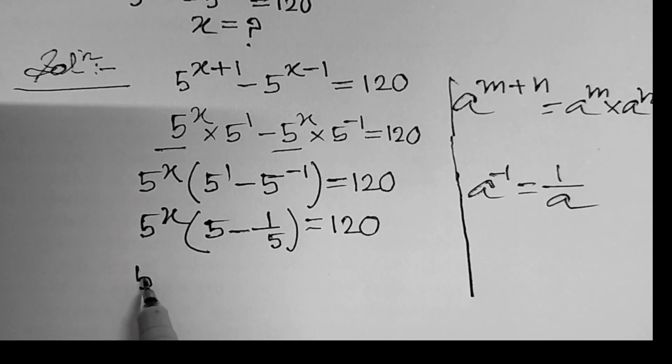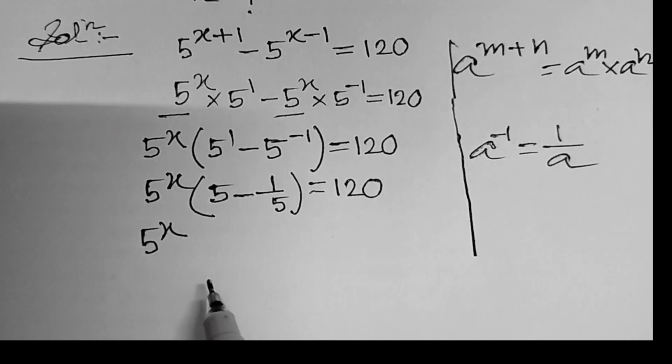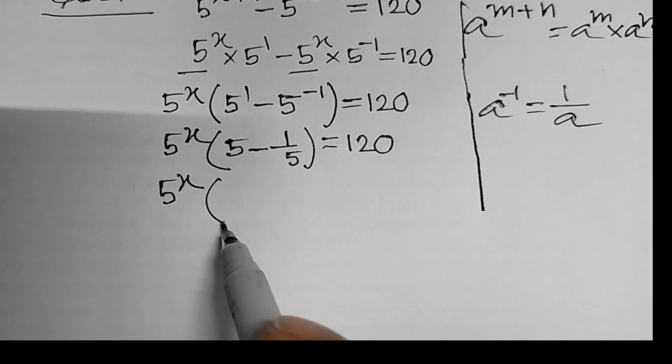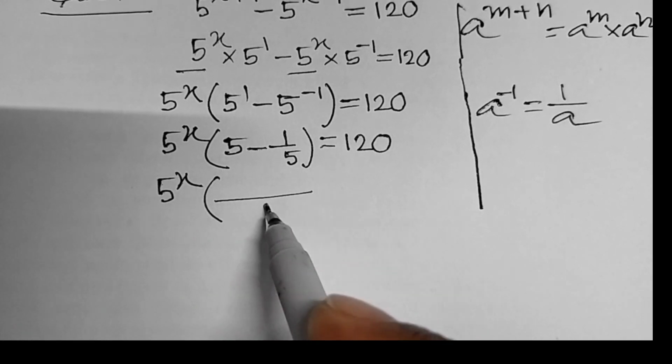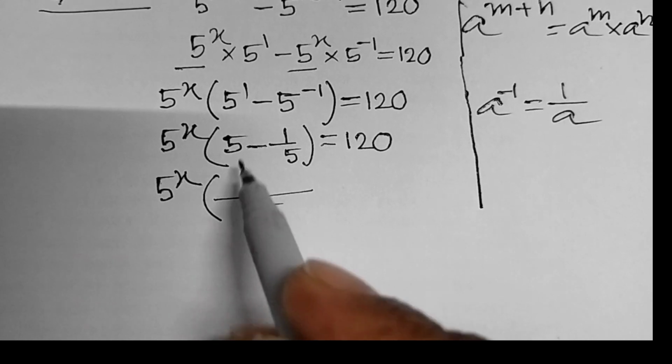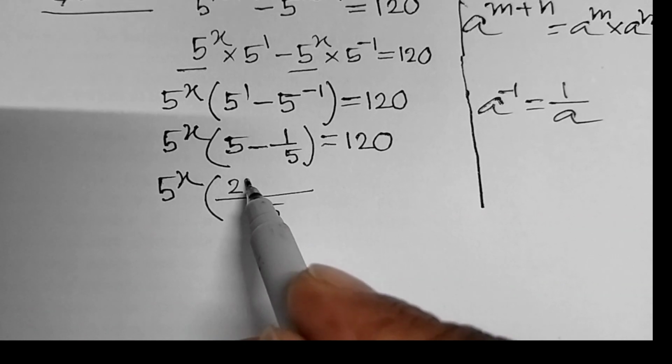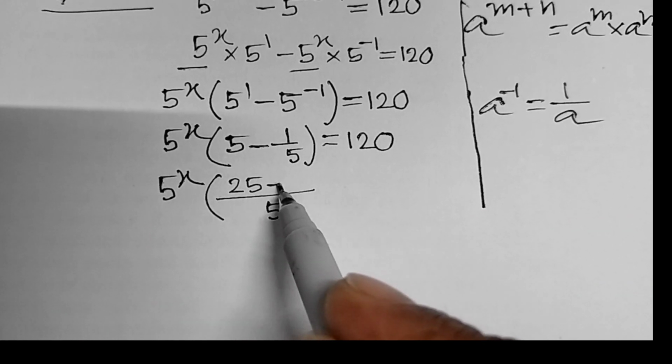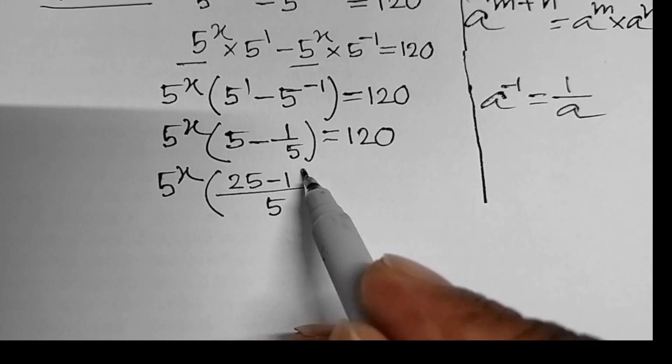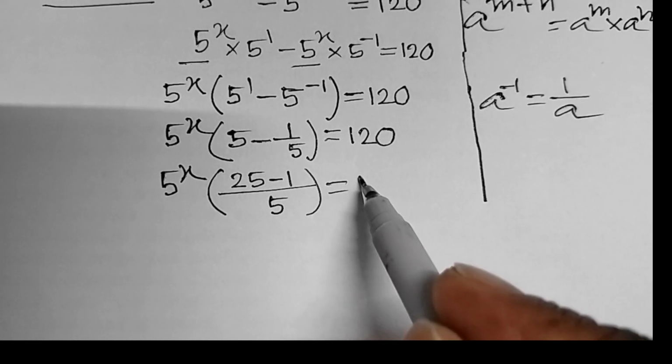Therefore, 5^x times, here the LCM is 5, 5 times 5, that is 25, minus 1, equal to 120.